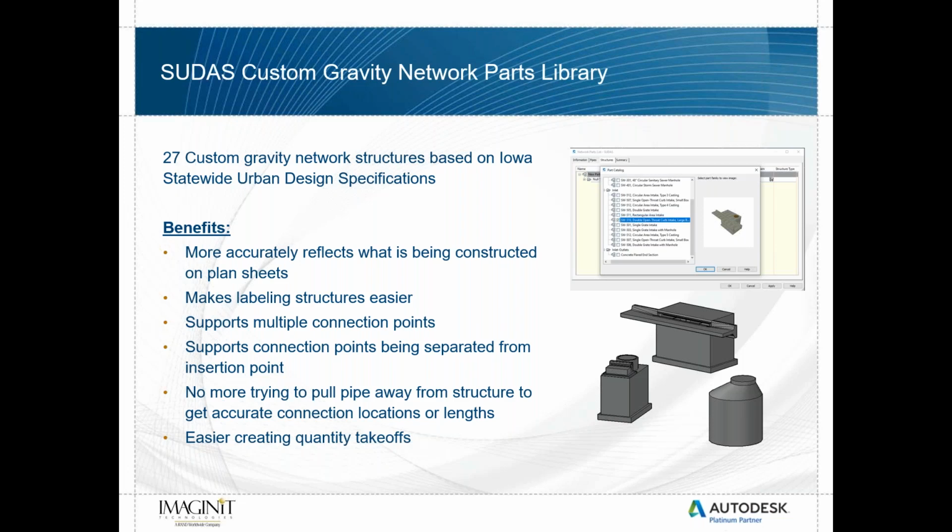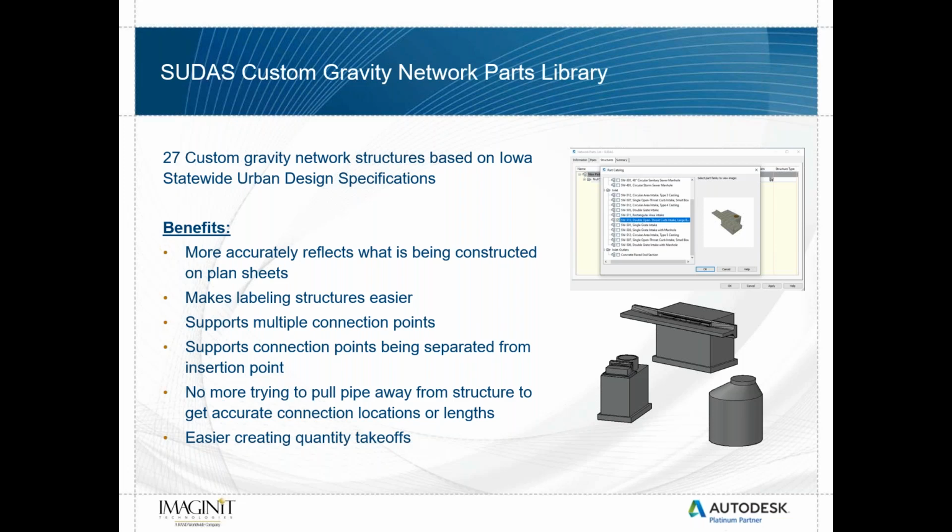Probably the next two bullet items are the biggest, and probably one of the biggest benefits of this library is, number one, we support multiple connection points. The way that any part built in Part Builder works is the insertion point of that structure is also the connection point for all of the pipes.